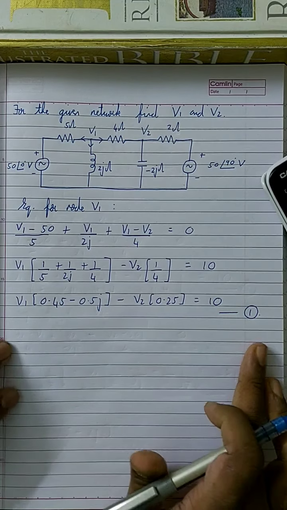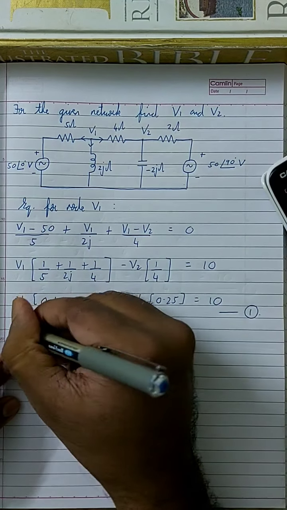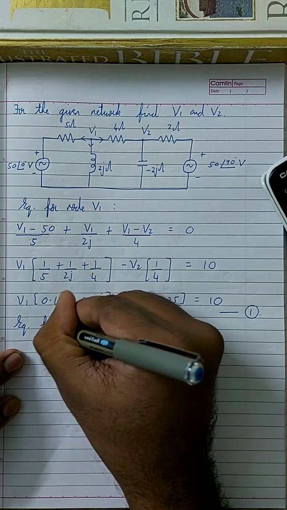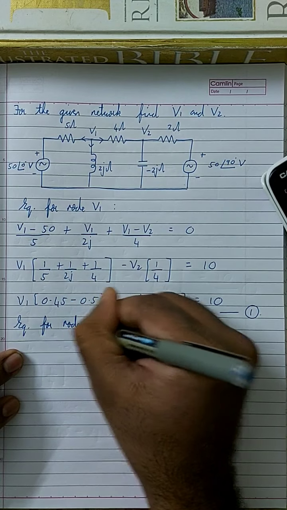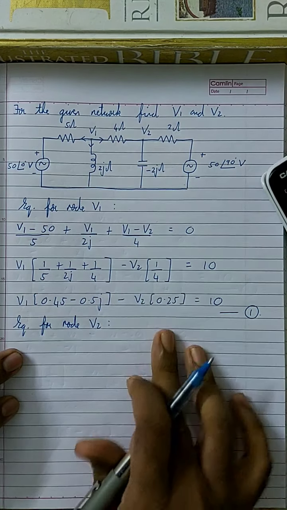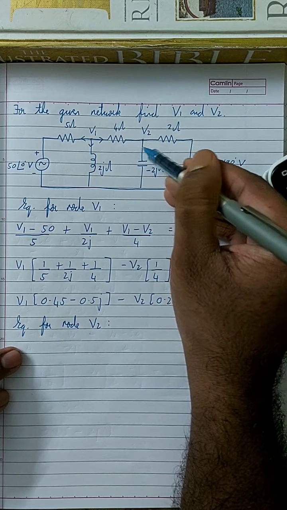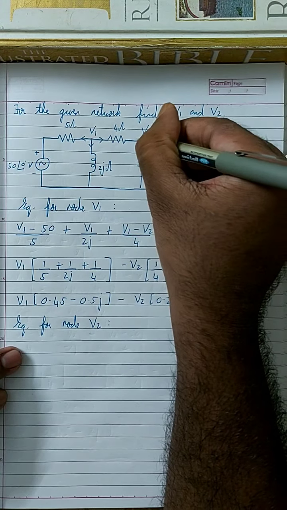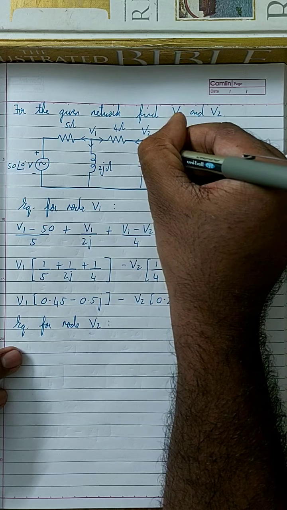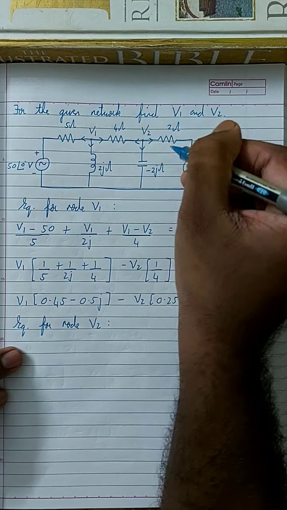Now I'm going to find the equation for node V2. If you look at node V2, I'm assuming all the currents are leaving node V2, which means this current is like this, and this current is like this.